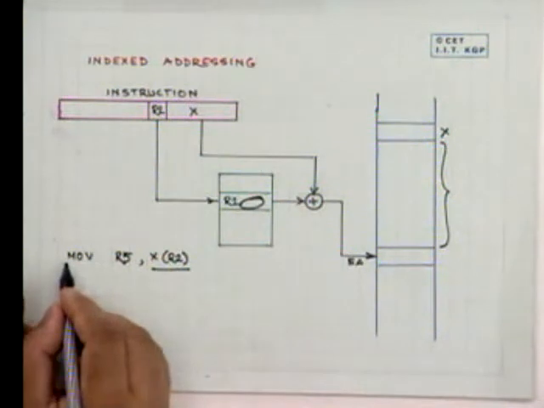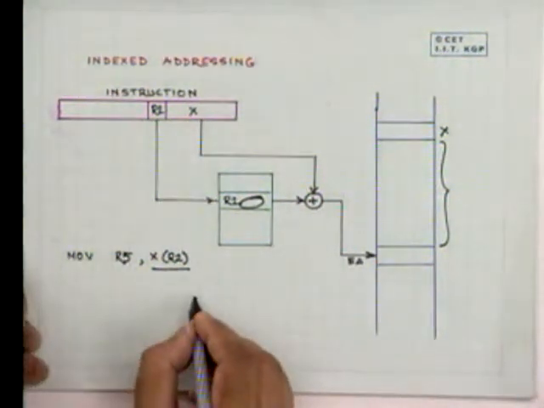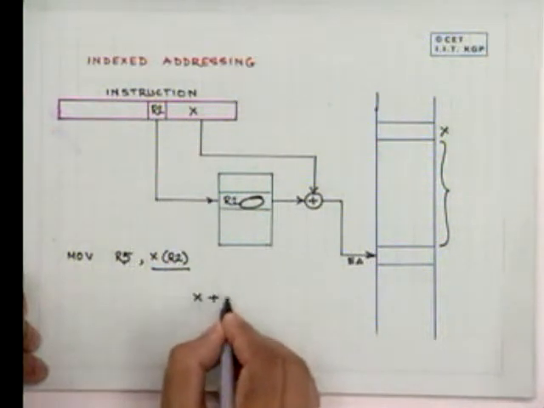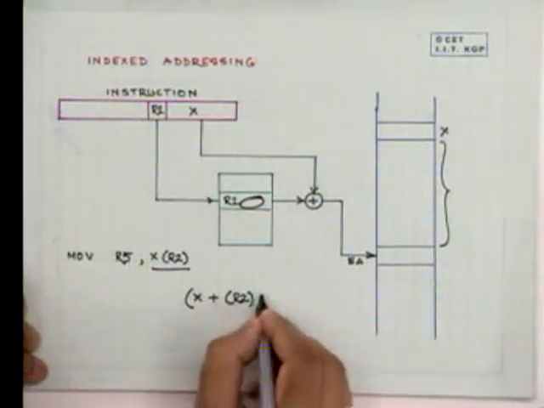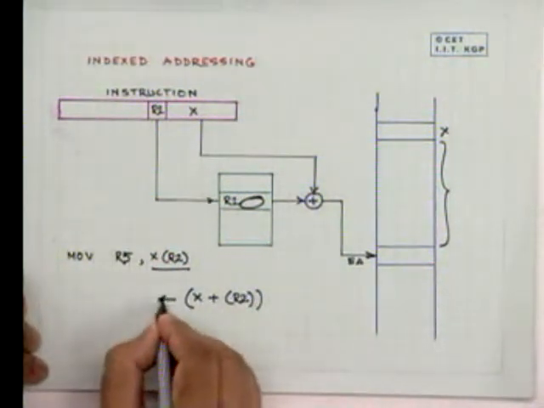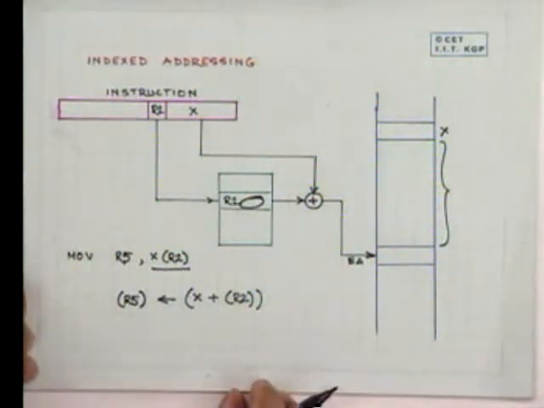Now, the effect of this instruction will be to take X, add the content of R2, get the effective address, take its content and send this as a content of R5, which is the destination.